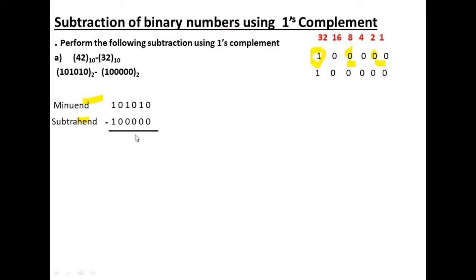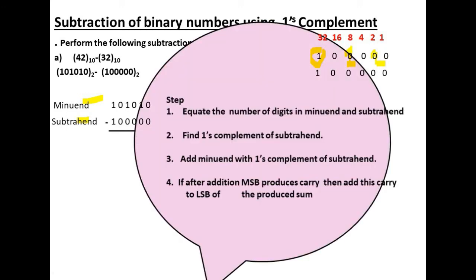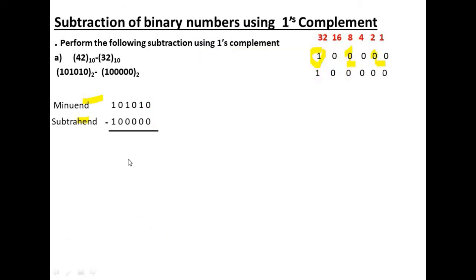But here both numbers are equal, so there is no need for the first step. What is the second step? We have to find the 1's complement of the subtrahend. Subtrahend is written as 1 0 0 0 0 0 and the 1's complement will be 0 1 1 1 1 1. We know how to find the 1's complement of any binary number now.